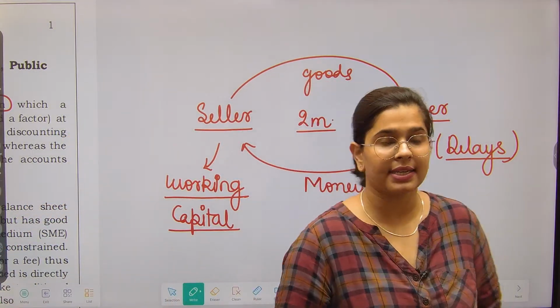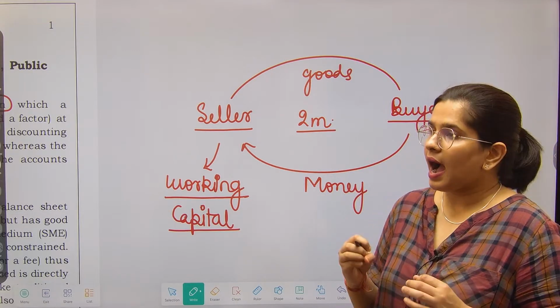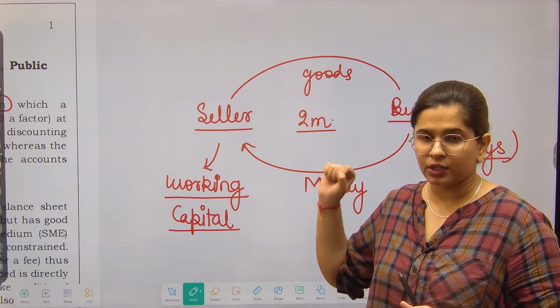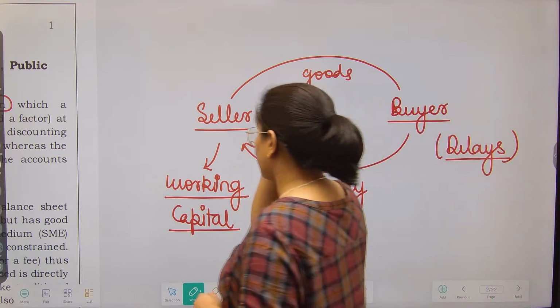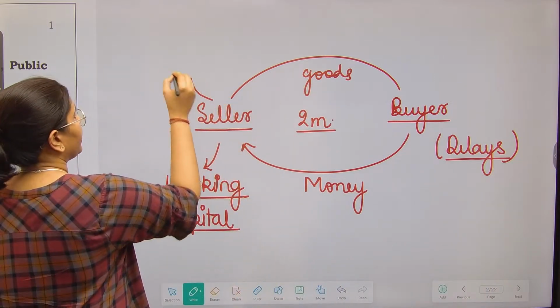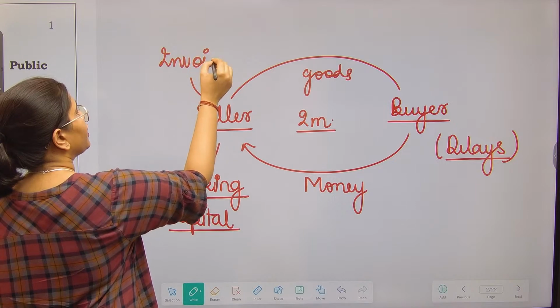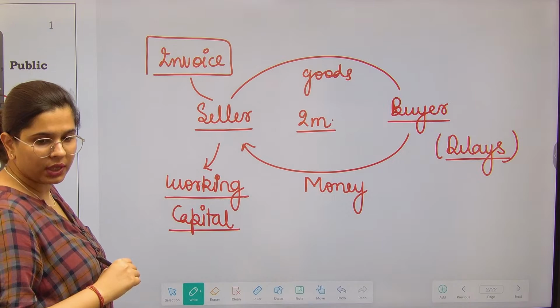I will contact any other entity and I will say to them, listen, I want to discount my invoice. The goods you have sold to the buyer, you will be having an invoice. This invoice proves that you have sold the goods and the buyer is bound to pay you the money.